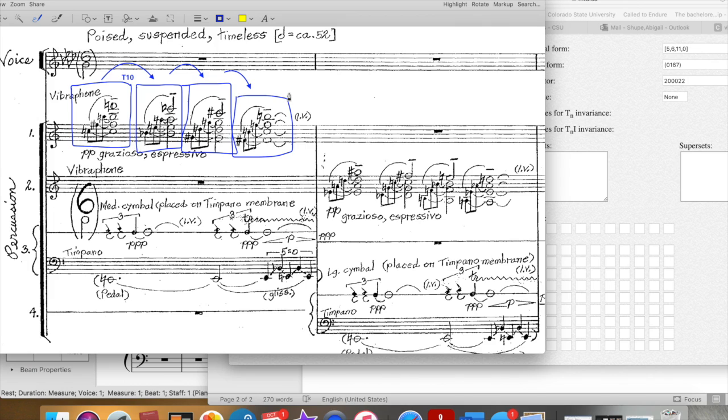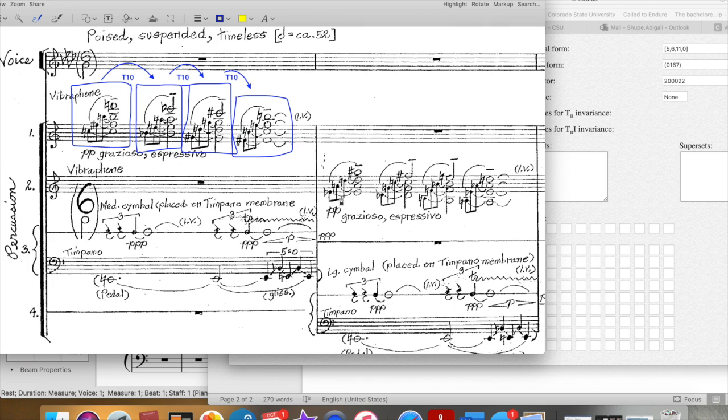So now I have more to say than just to say that it's a series of 0, 1, 6, 7s. I can say that they are each related by T10. And that's more sophisticated than saying, well, there's some dissonant clusters in the first bar on each beat.